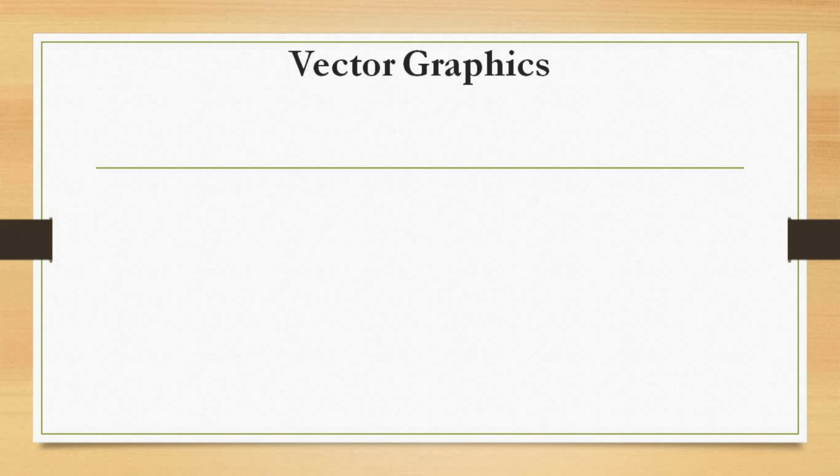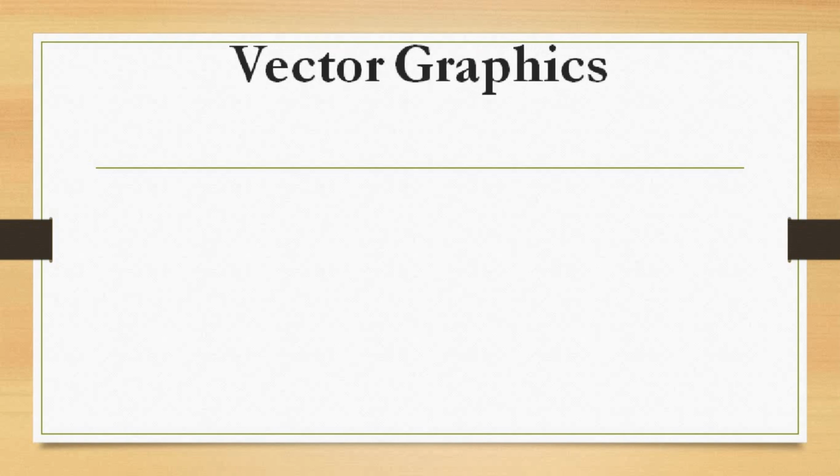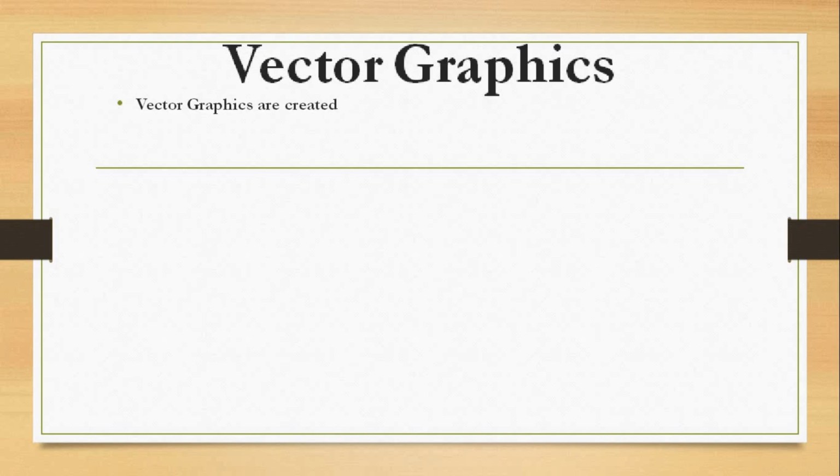Next, let us see what vector graphics are. Vector graphics are created using lines, curves and shapes. That is the difference between bitmap graphics and vector graphics. Your bitmap graphics is made up of pixels, whereas vector graphics are created using lines, curves or shapes, that is, using mathematical definitions.